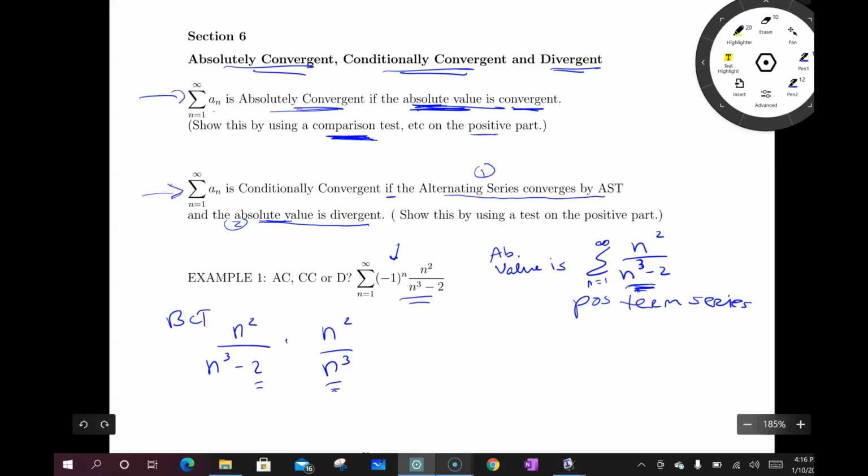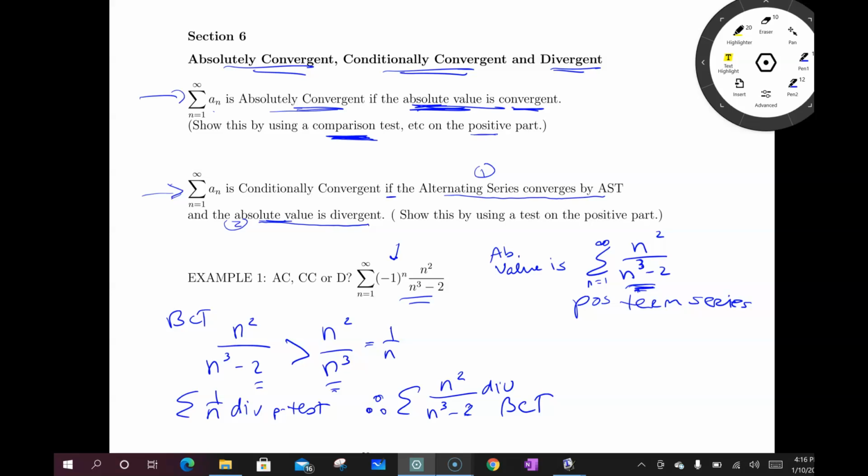This one has more in the denominator, so it looks like that. So this is 1 over n. What do I know? I know the sum of 1 over n diverges by p-test, and it's the smaller one, so I get the conclusion that this diverges by basic comparison test.